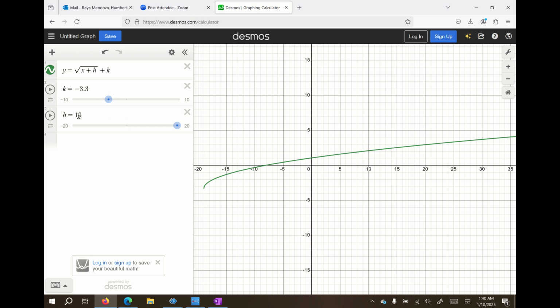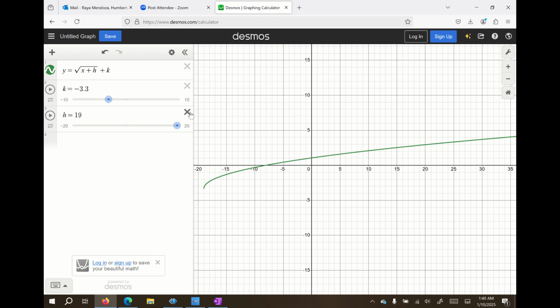So with this value of H and that value of K, this function, I would be able to get a good sense of what the graph looks like without having to run and get my calculator. So right away, just by knowing that this graph shifts the way it does, I know that it has an x-intercept right here and a y-intercept right there.